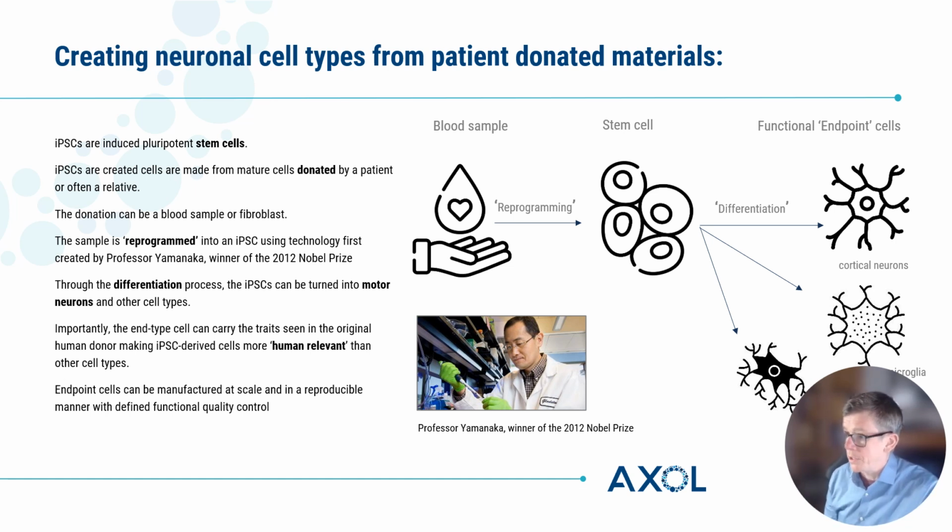That blood sample is turned into a stem cell, and from those stem cells, you can manufacture a range of relevant functional cell types. For AD, we might be talking about cortical neurons, inhibitory neurons, neuroinflammatory cells, and glial cells.